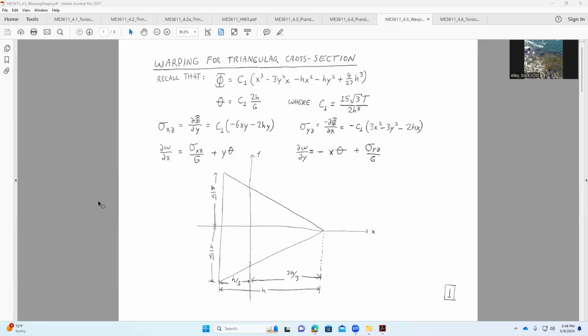That's dx. And then warping in terms of y, we're going to say it's sigma yz over G minus x theta. We integrate that up dy, and then plus f. So this time we are going to get some warping. Let's see if we can figure out what that's going to be.